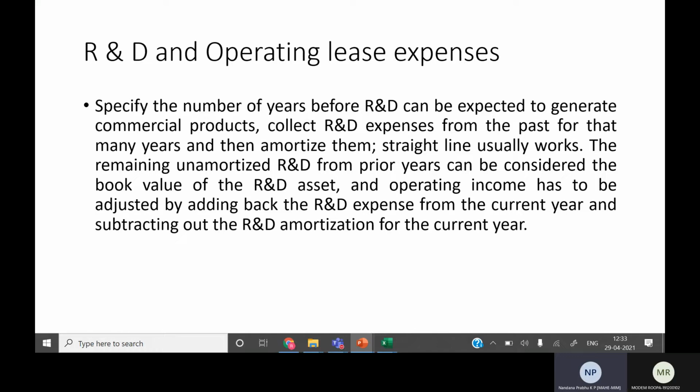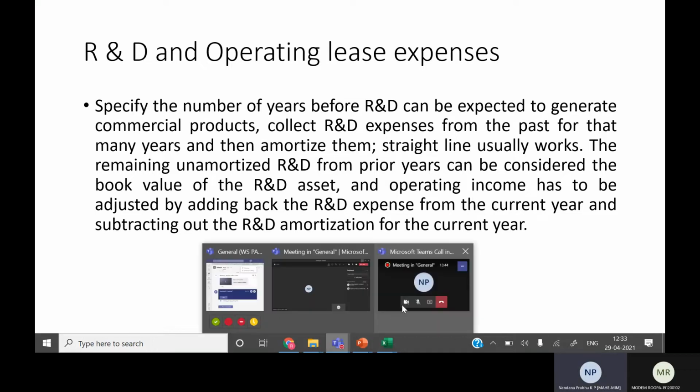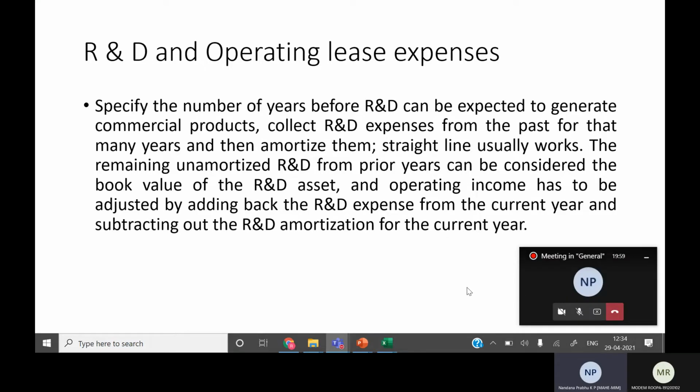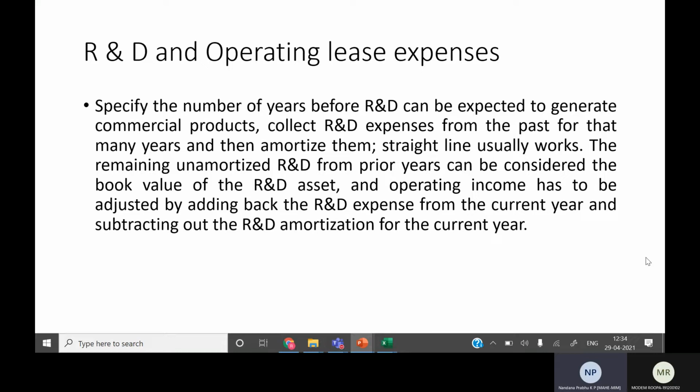Okay, so what is this R&D amortization and R&D expenses? Can you go to the R&D converter? In substance, the R&D expenses which are deducted have to be added back. What is that amount of R&D expense to be added back? That R&D converter will tell us.